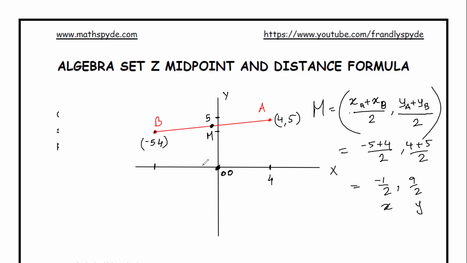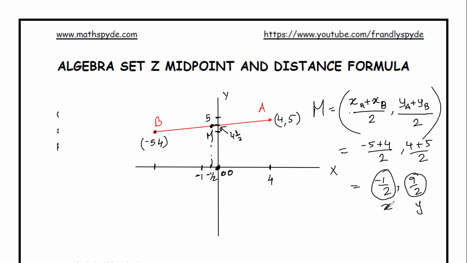The x coordinate is negative half, and 9 by 2 is 4.5, somewhere here between 4 and 5, and that's correct. So the freehand drawing is pretty much accurate for this particular example, and that's how you find the midpoint.